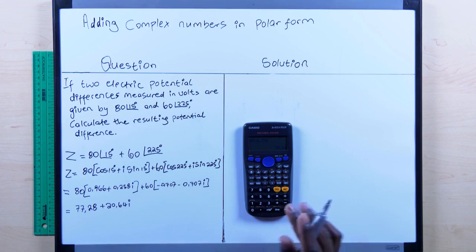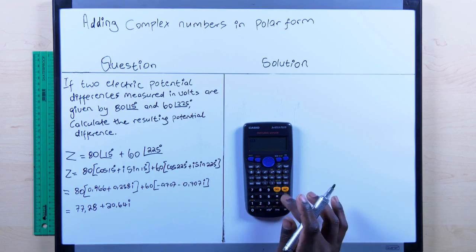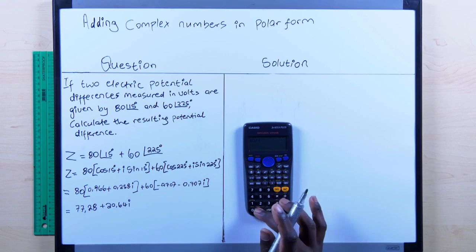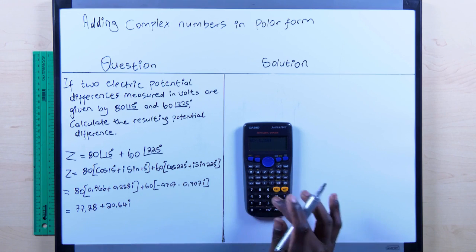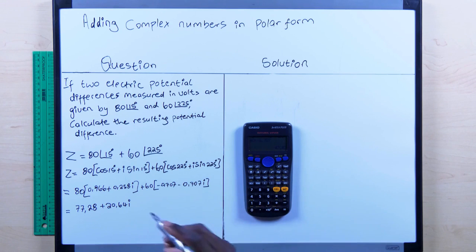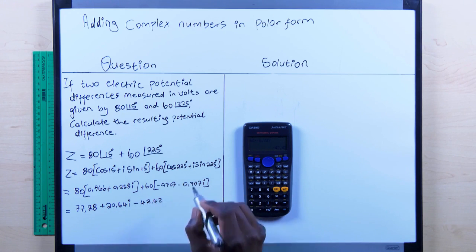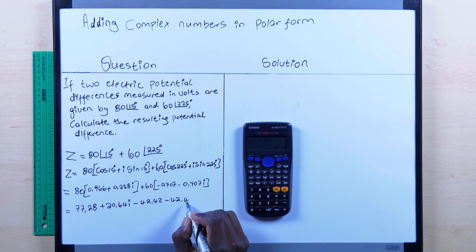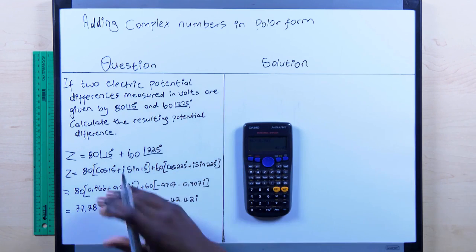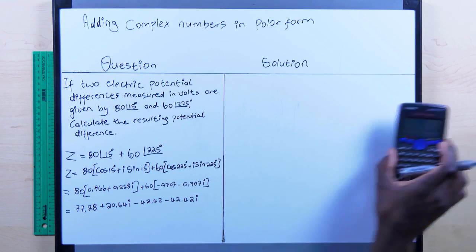Then you come to this one, doing the same thing, which becomes negative 42.42. It's exactly going to be the same answer here, except it's going to be including i. Okay, so coming here now, we're going to just collect our like terms.